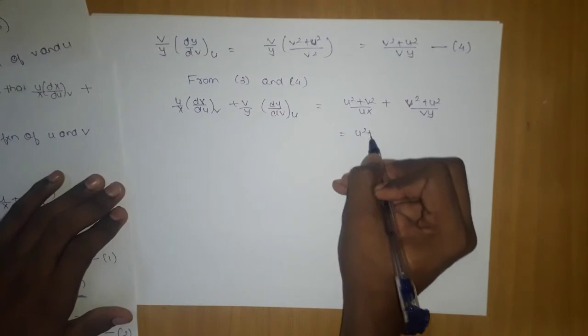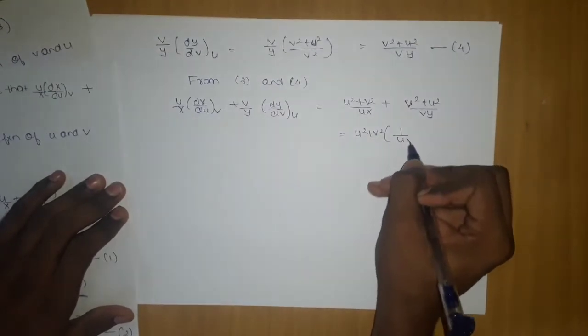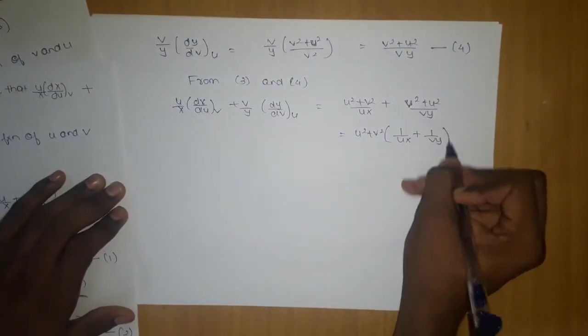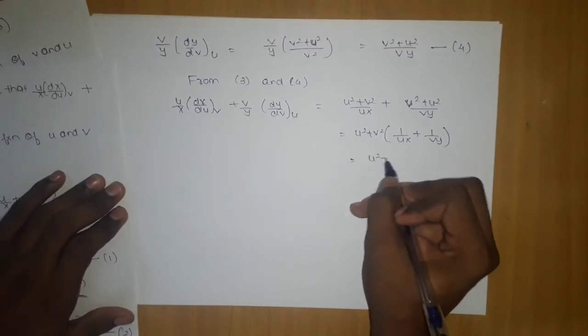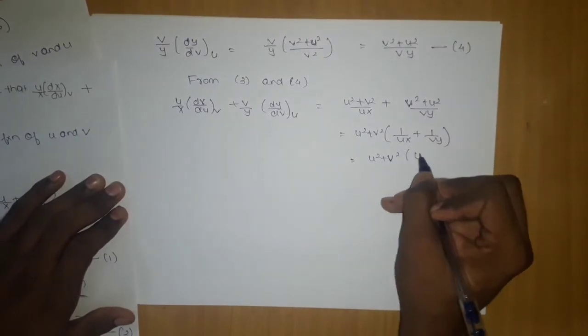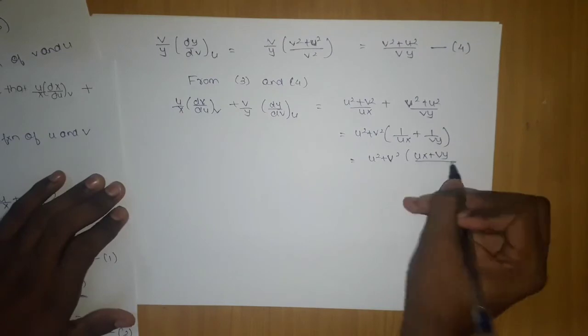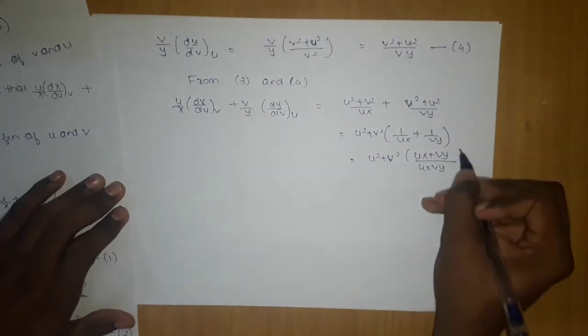I will take u square plus v square common, 1 by ux plus 1 by vy is as it is, giving me u square plus v square into ux plus vy, the whole upon ux vy.